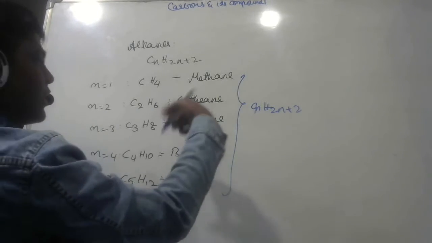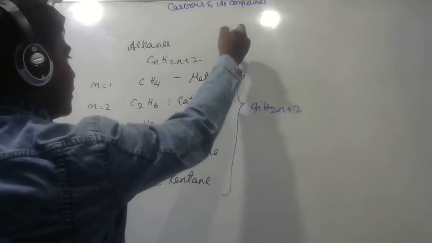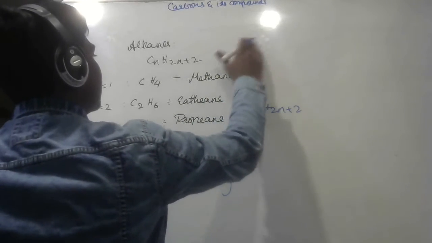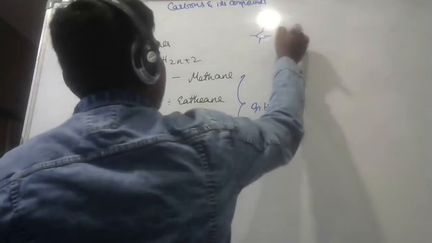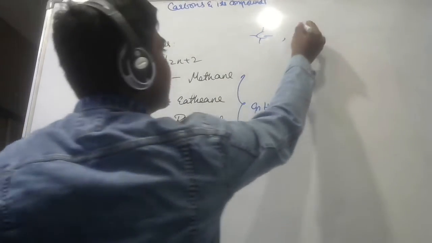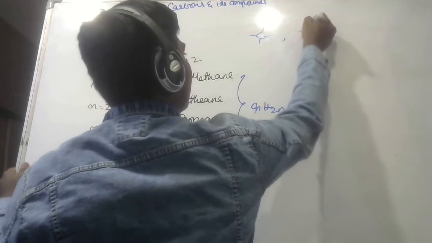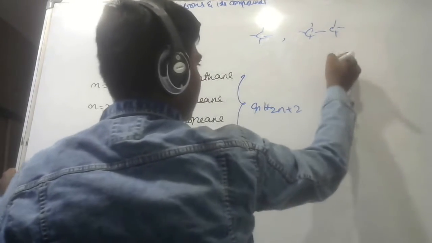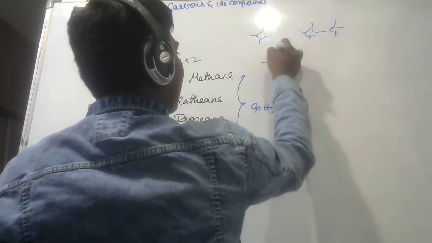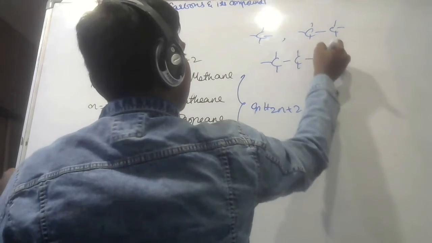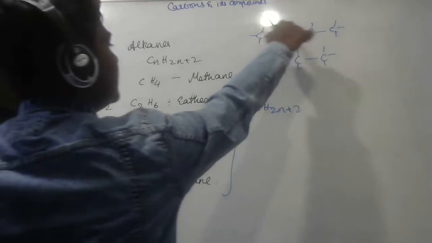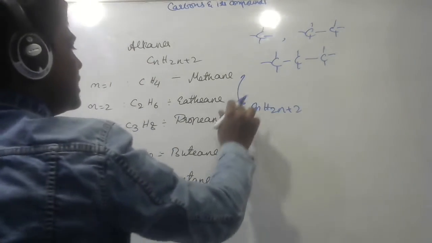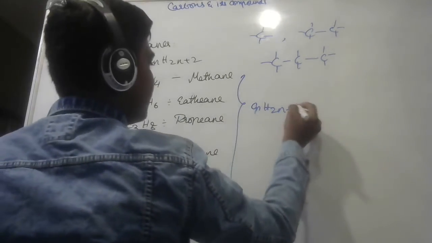But if you see the structures, they differ. For methane, the structure would be like this, C and then 4 H. For ethane, it would be like this, C with a bond and 3 hydrogens on each carbon. For propane, it would be like this. The arrangement of hydrogens is different in each case.